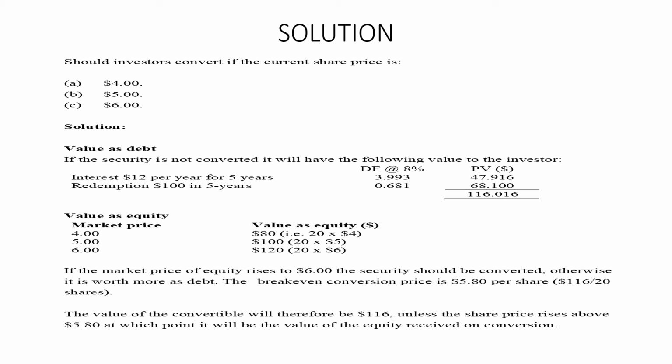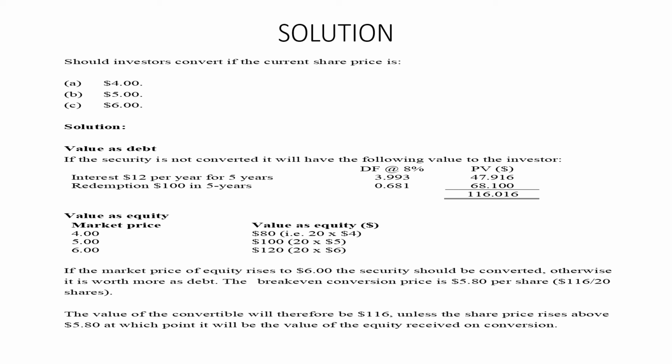After that they have asked us at what price it would be favorable for the investor to convert the bond into common stock. The conversion terms are that you can convert one debt instrument or one note into 20 shares.